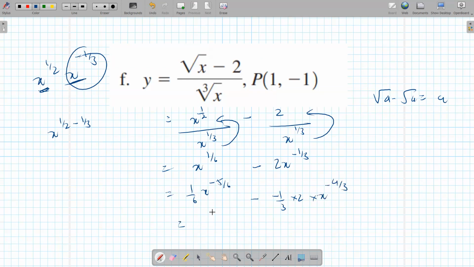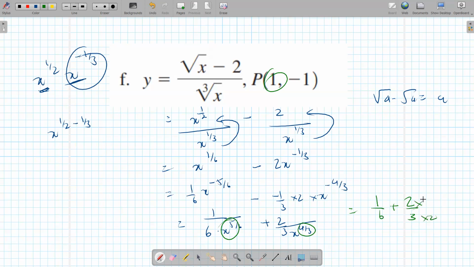If we want to clean this up, this will be 1 over 6 times x to the power of negative 5 over 6 plus 2 over 3 x to the power of negative 4 over 3, like that. If you plug 1 in here, anything to the power of 1 is 1. So the slope is simply 1 over 6 plus 2 over 3.